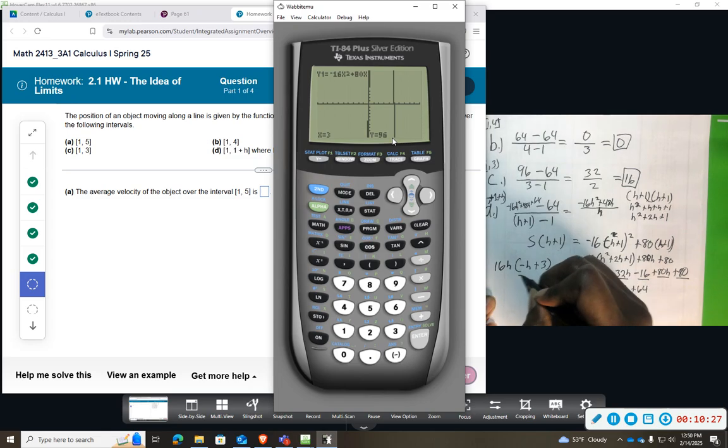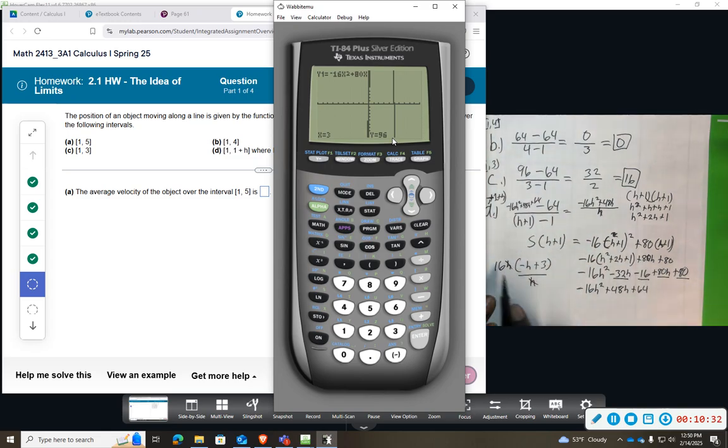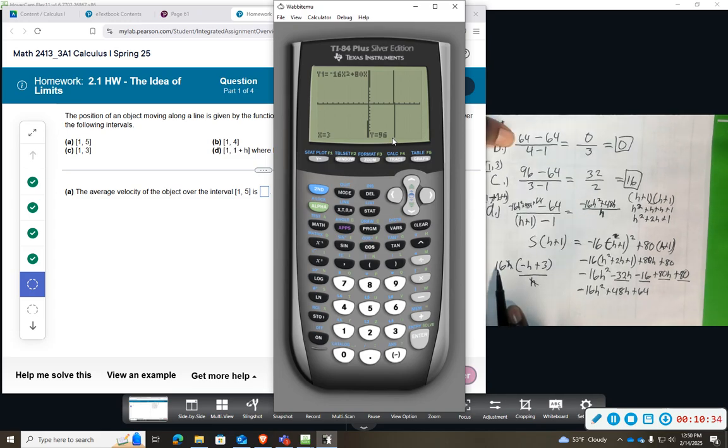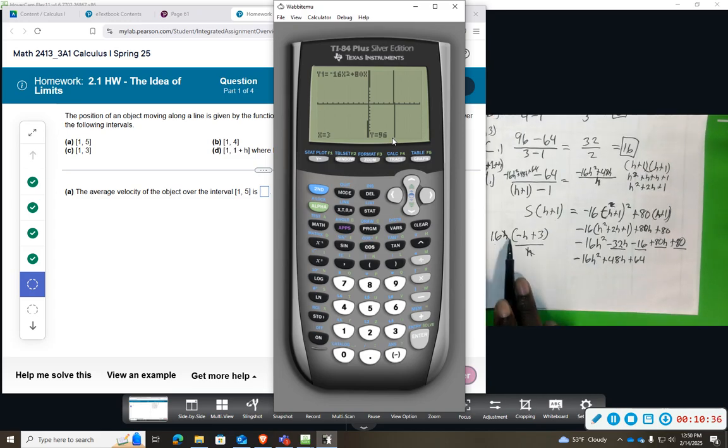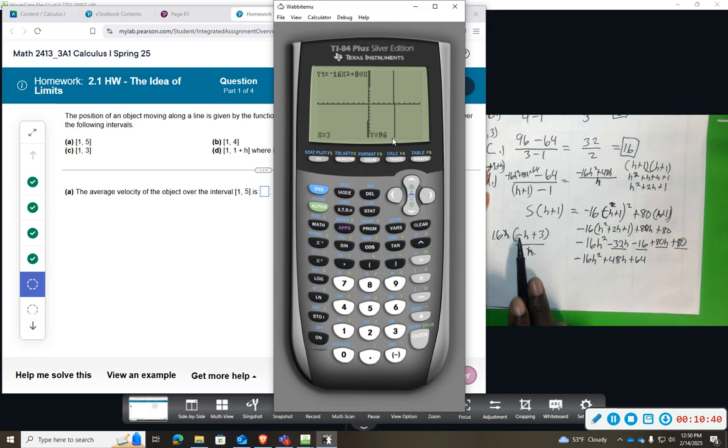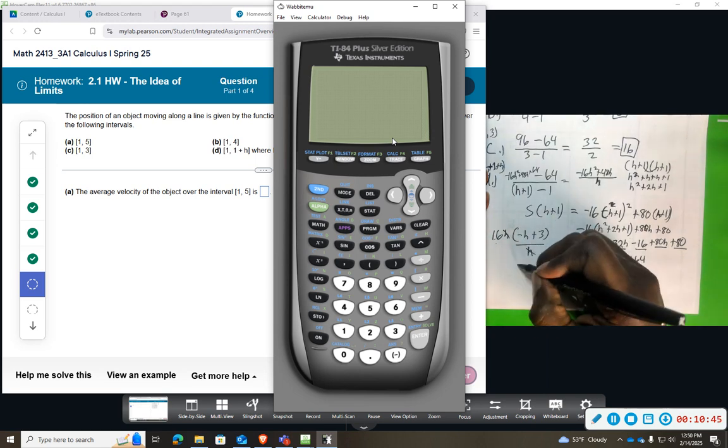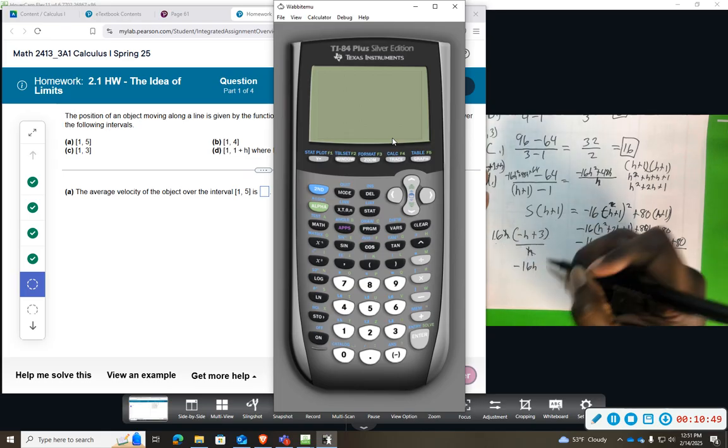And then the h on the bottom will cancel out one h, and so this will be my remaining polynomial. So 16 times negative h plus 3, or you can just leave it as negative 16h plus 48.